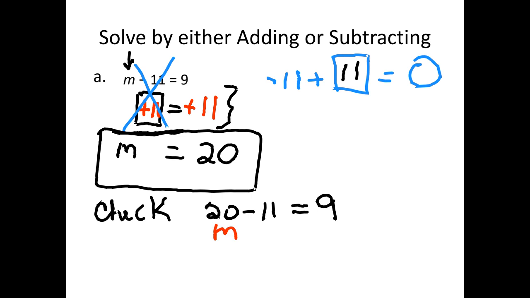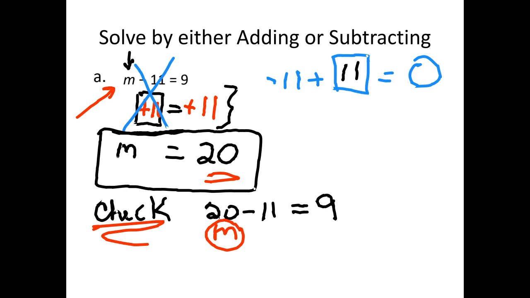I'm replacing m with my answer in the place where m appeared. Now, this check is up to you. Do you need to check it? No, but sometimes they say solve and check. This is the check.